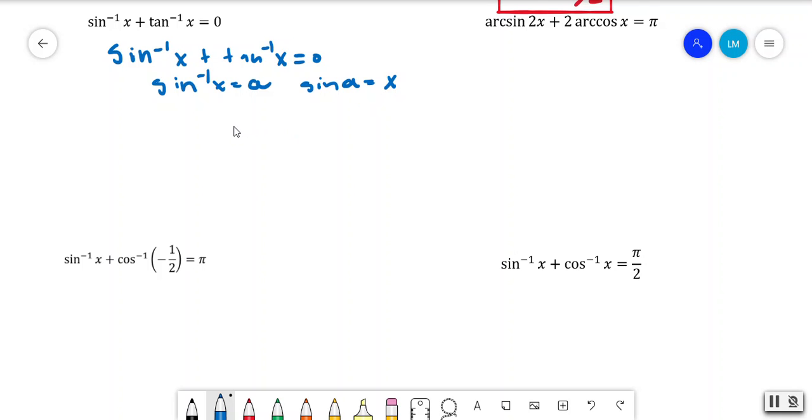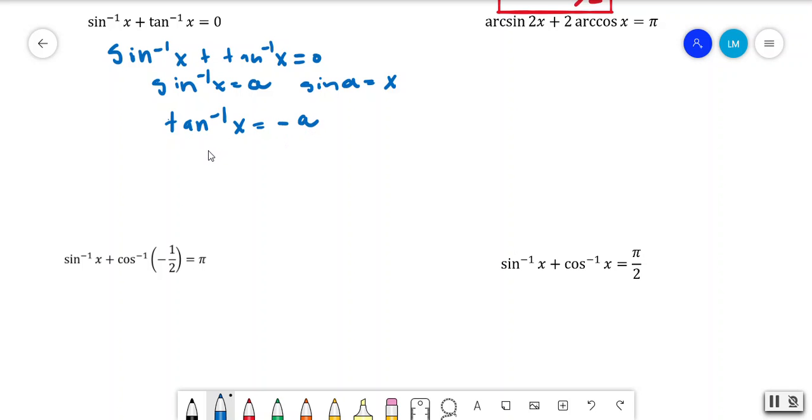From there, we can say that tangent inverse of x equals negative a.